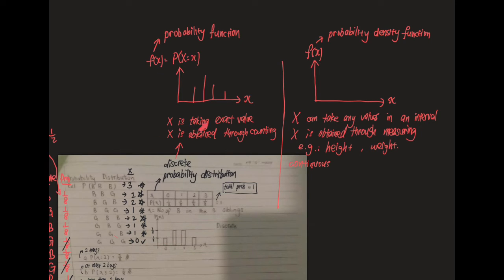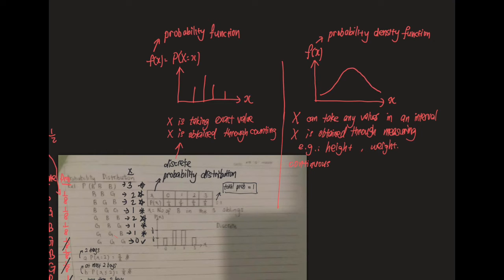A few vertical lines or a few vertical bars, it's up to you. But for probability density function, they can take any values in an interval. So we cannot expect it to be like this anymore. No probability when x is 0.5 or 0.8, no probability at this gap because they take exact values only. But continuous can take all kinds of values, so the graph is just linked every way.